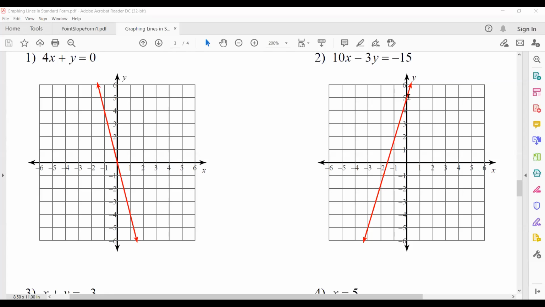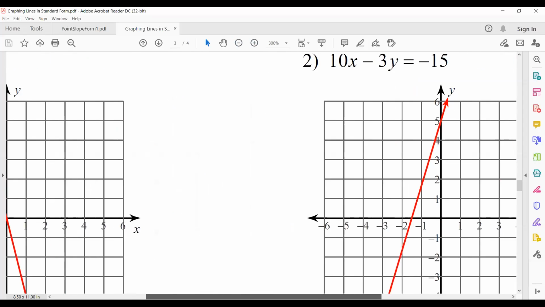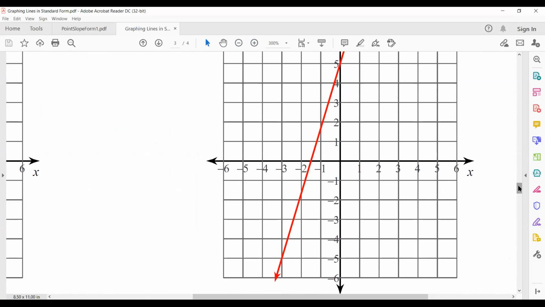Now, this is where the slope gets kind of tricky, and it's hard to see on some of these drawings. So you blow this up even further. If all you're going off of is the graph, you've got to really be careful.